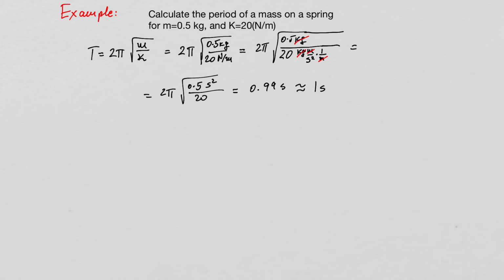And so this becomes 2 pi times square root of 0.5 seconds squared divided by 20, which is 0.99 seconds, or approximately 1 second. Now, if I wanted to find also the frequency of oscillations, I simply need to take the inverse of the period, or that is 1 divided by 1 second, which is equal to 1 hertz.